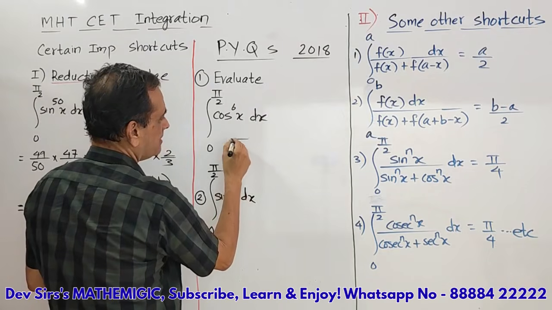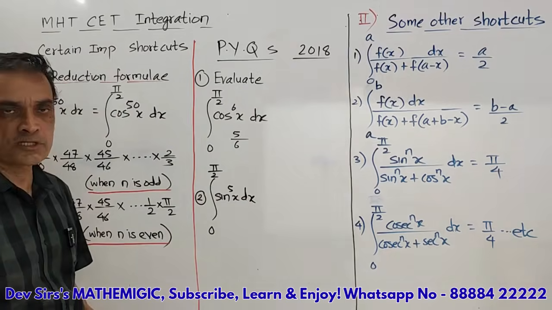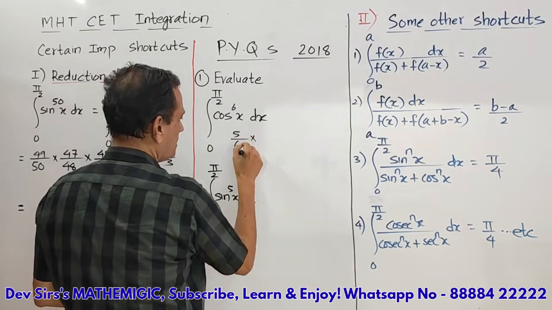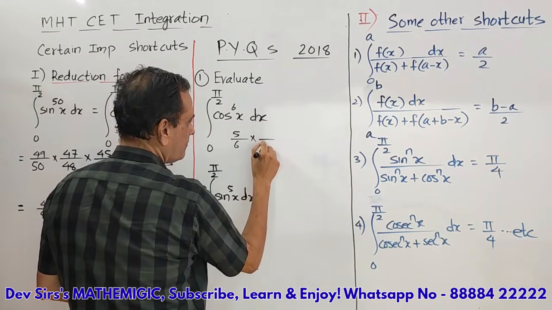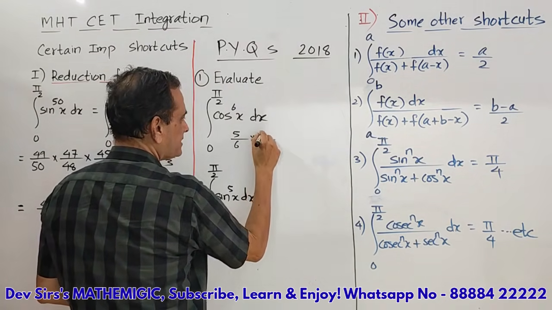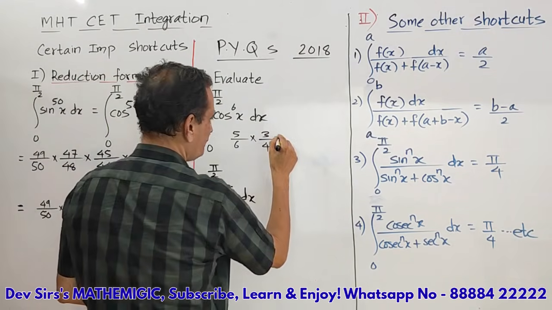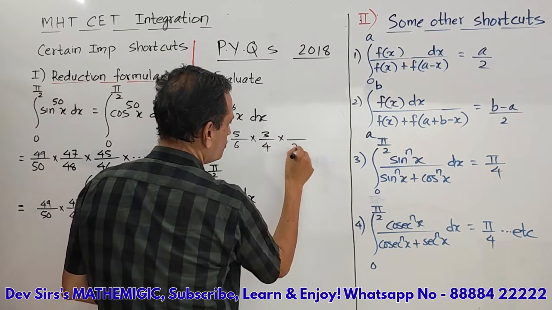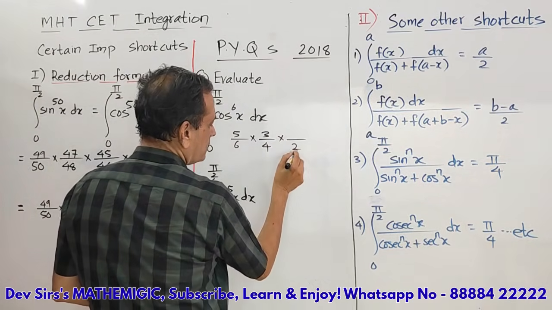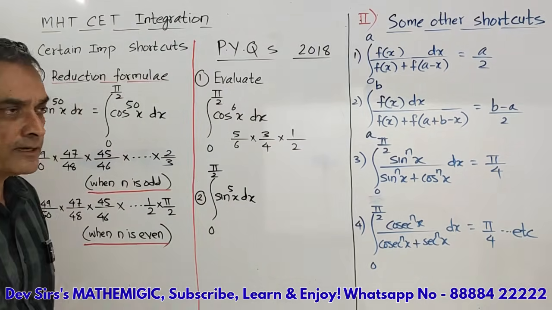Denominator 6. ऊपर 5. एक reduce किया. Into 5 के नीचे 4, 4 के नीचे 3, यानी 1 less. Go on reducing. 1 less than 3 is 2. 1 less than 2 is 1. Stop. उसके बाद reduce नहीं कर सकते.